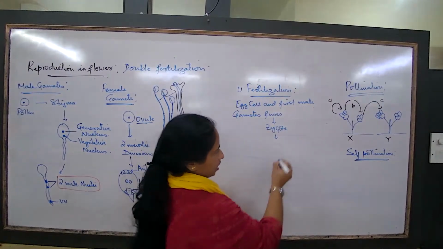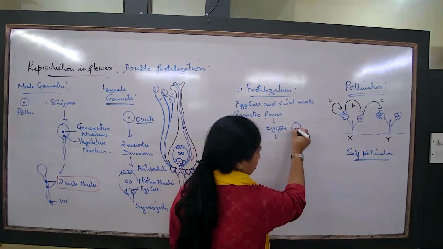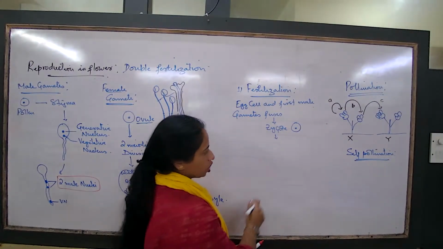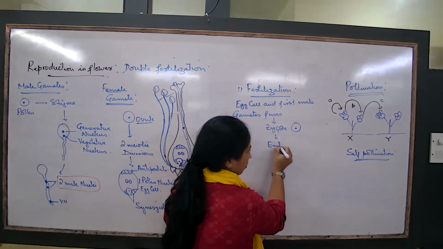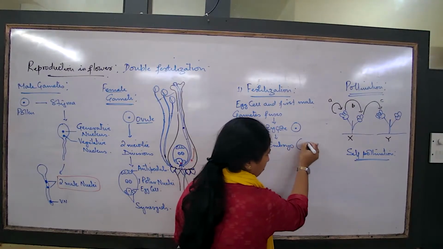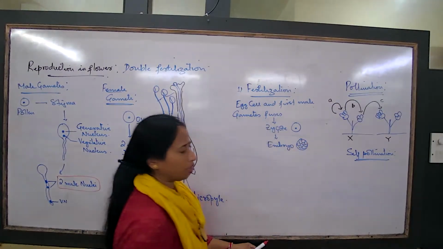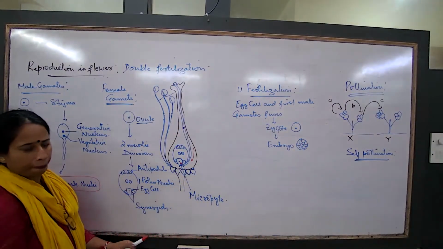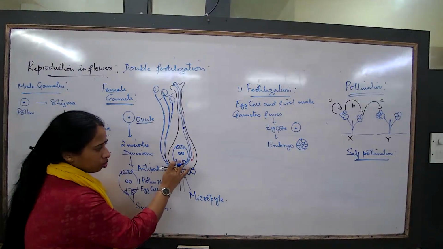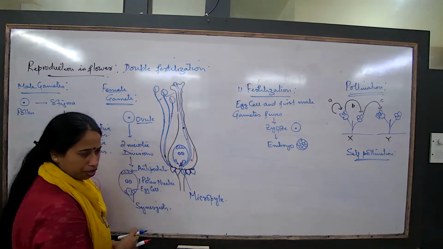This zygote, which is a single cell formed just after the process of fertilization, will get converted very soon into a multicellular structure, and this multicellular structure is now known as the embryo. Let us see here in this ovule also, in this chamber also.